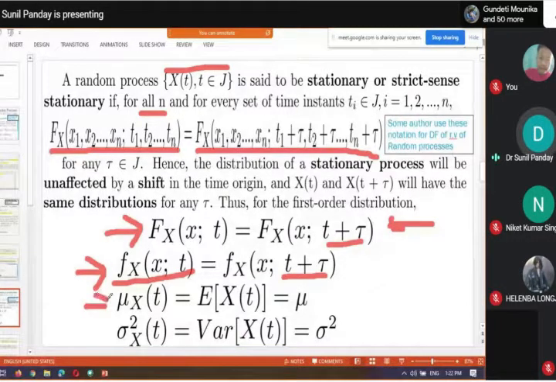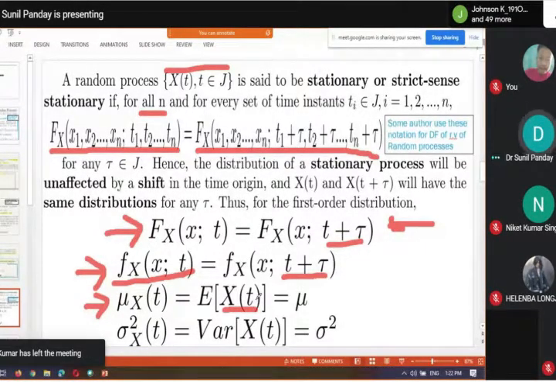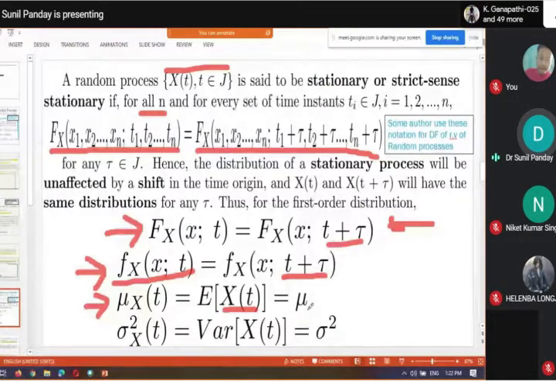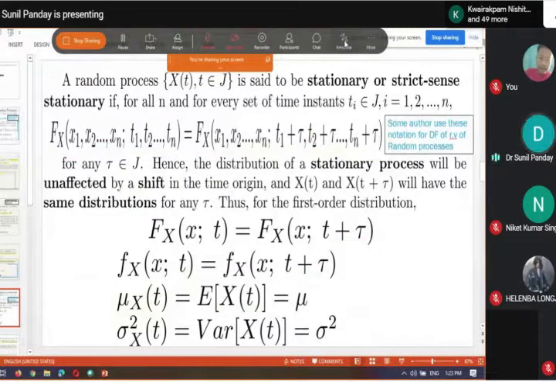Then the mean function is also the same. Earlier the mean function mu_X(t) was the expectation of X(t), but here, as they are not changing with time, the mean function is constant. Similarly, the variance is also independent of t for the case of strict sense stationary random processes.